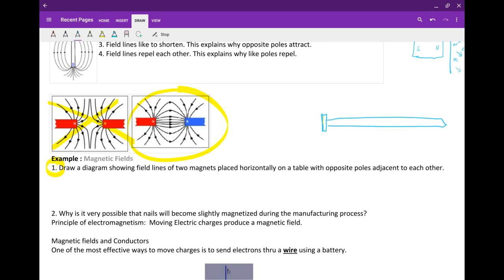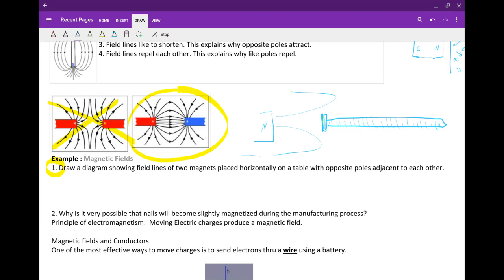If I manufacture this nail and it happens to be in some sort of magnetic field that's going right from north to south here, then what's going to happen is while this nail is molten metal, they pour it into a mold, and it hardens up as it cools, and you end up having a nail, and you drop it out of the mold, and all of a sudden you're like, oh, cool, I have a nail.